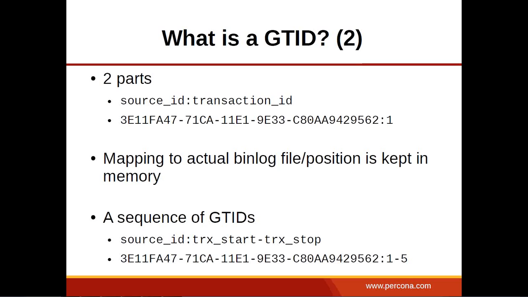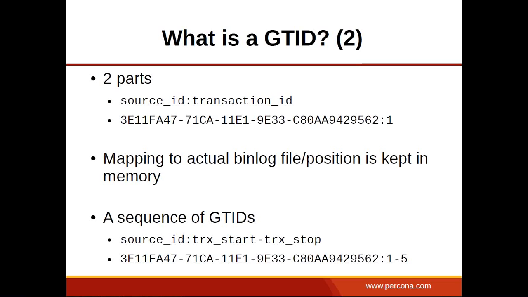One other thing to know is what a sequence of GTIDs is. It's basically a way of representing, in a compressed way, a range of transaction IDs issued from the same server. So if you have server ID 3E1, etc., and you have transactions 1, 2, 3, 4, 5, MySQL 5.6 uses the notation source ID colon 1-5.